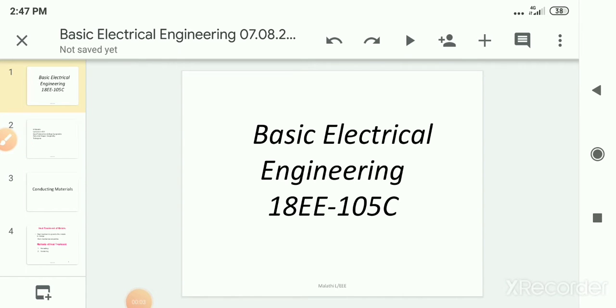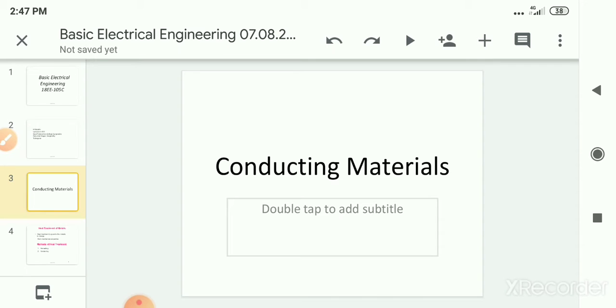Basic electrical engineering. In our previous video we have learned about the conducting materials. In that, different types of materials: conductors, semiconductors, insulators, dielectric materials, magnetic materials, special purpose materials and its properties.